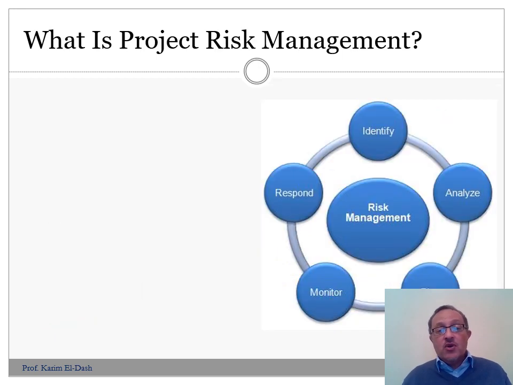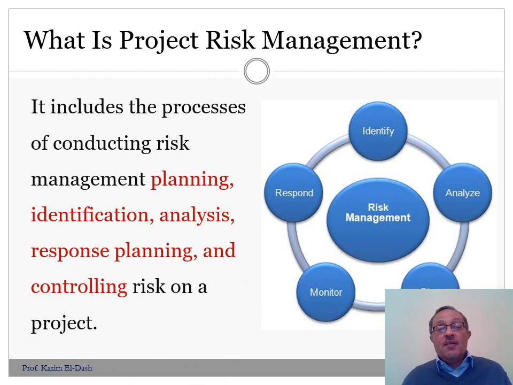So whenever we are talking about project risk management, in this case we are talking about deviation from the requirements of the project in general. So risk is the deviation between the requirements and the achievements of the requirements.